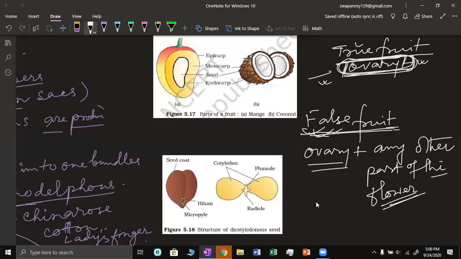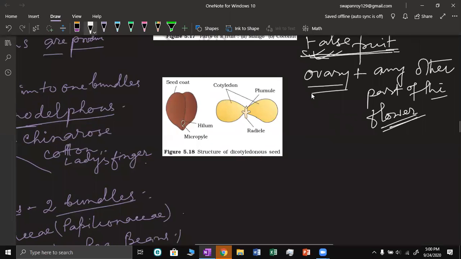A very good example is our favorite fruit, the apple. Apple is a false fruit.